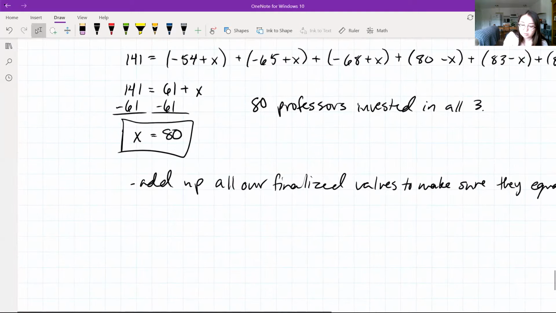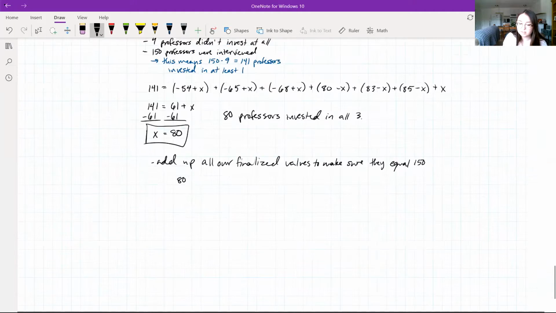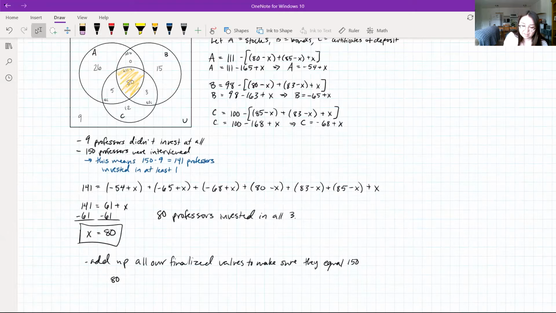So we know we have 80 plus, let's go around our center, plus 0, plus 5, plus 3. Then we have plus 26, plus 15, plus 12.